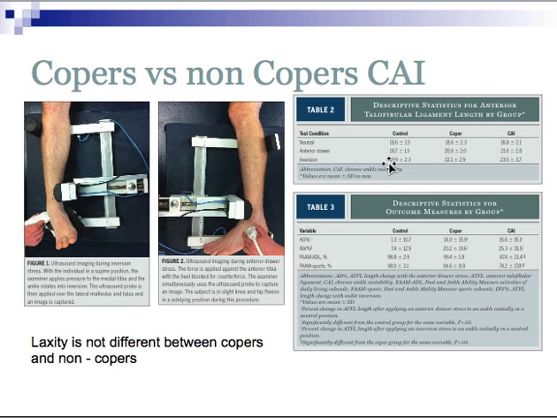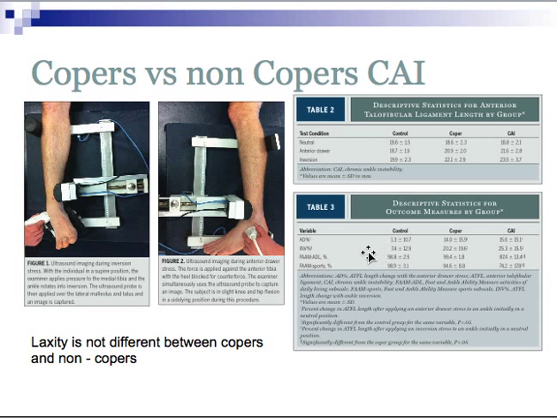These are people who have instability, but from a functional perspective, they seem to do really well, and then people who have instability but don't seem to do well at all. So one thought would be that if you're a coper, your laxity would be less than a non-coper, which would connect the idea of more laxity equals less functional level.